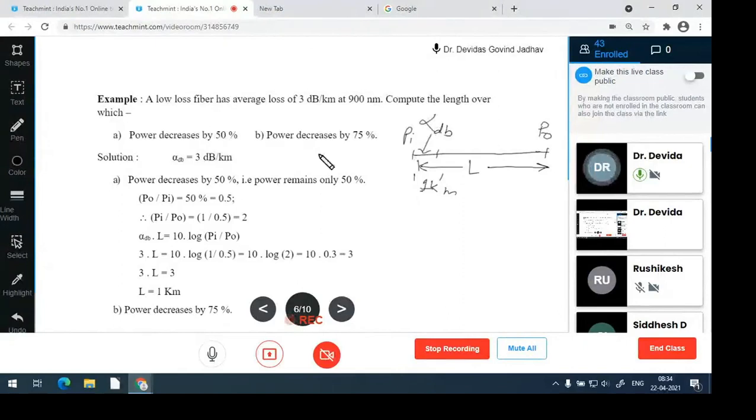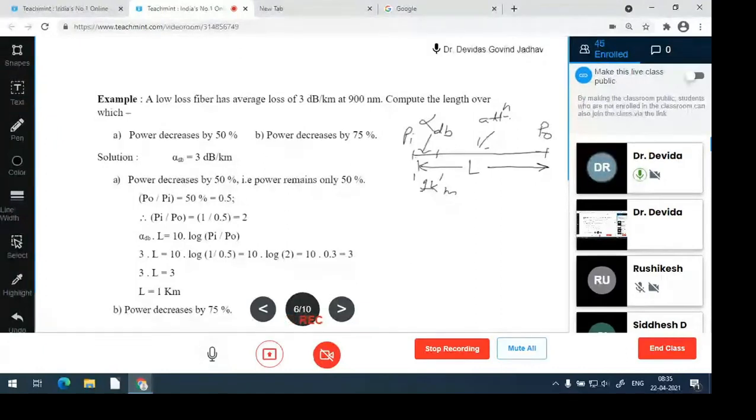So alpha dB is the attenuation for 1 kilometer, in dB per kilometer. And for the total length of the fiber, we have the total attenuation. The attenuation formula we know: attenuation equals alpha dB into L, because for 1 kilometer alpha dB attenuation is there. For L kilometers, alpha dB into L is the total attenuation. That can be simply calculated.